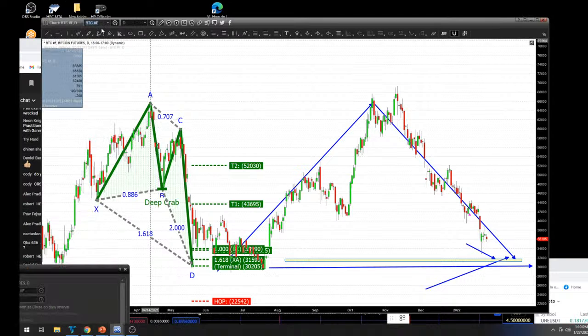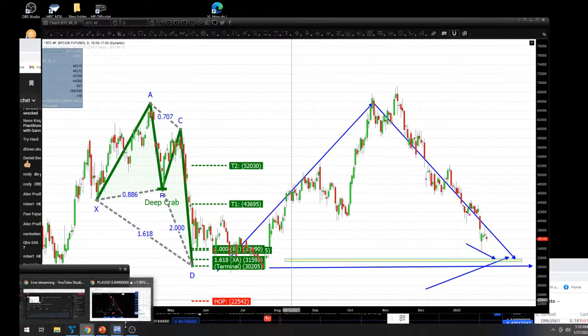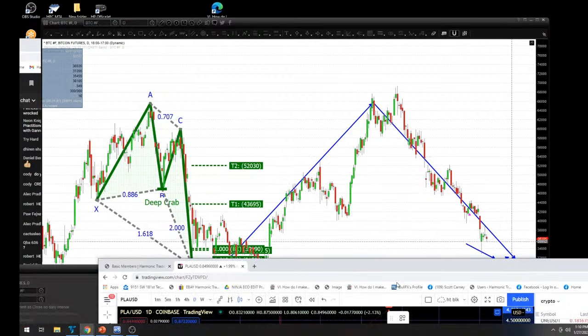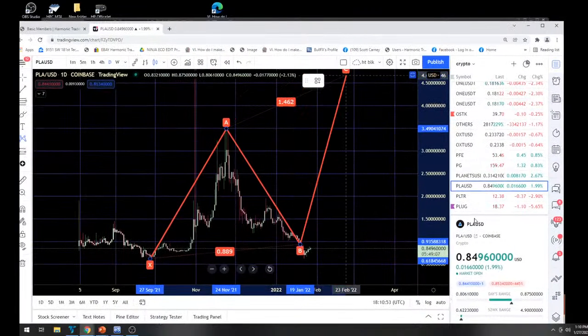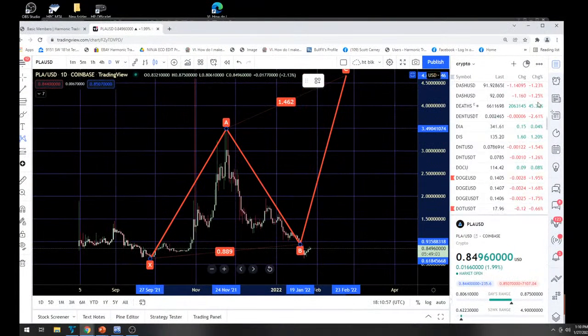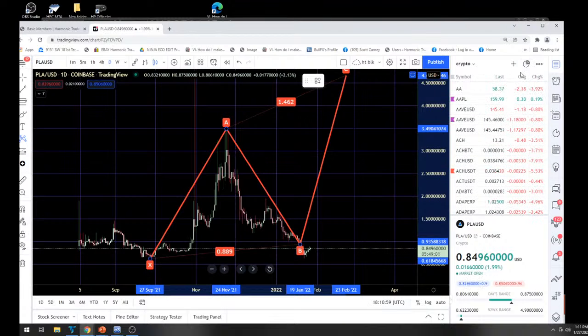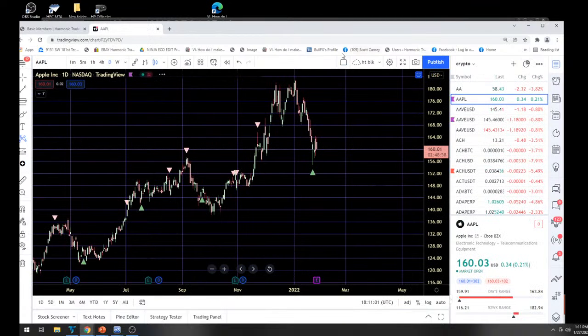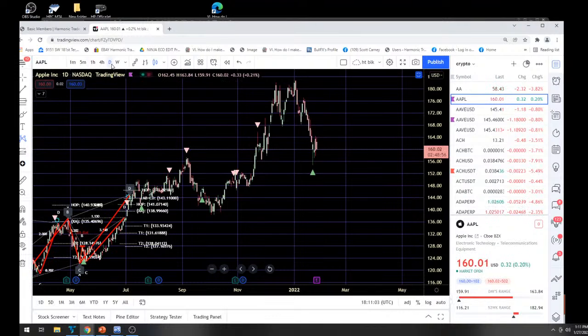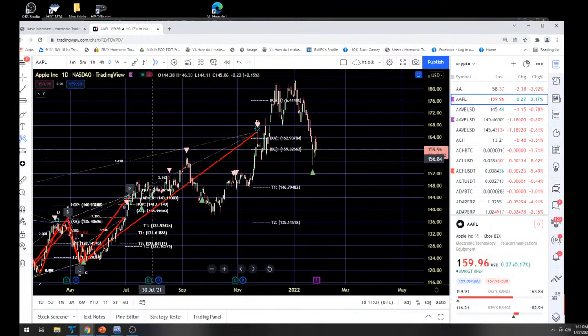All right, let's go back to the TradingView platform for Apple. It hasn't changed. If anything, when we see something like Netflix, you have to take note that these are vulnerable. Apple on your daily time frame, remember this? It's the big crab, and we're in a type 1.